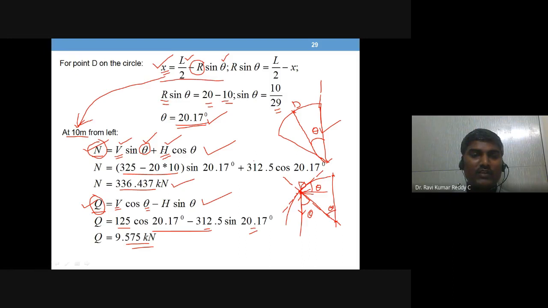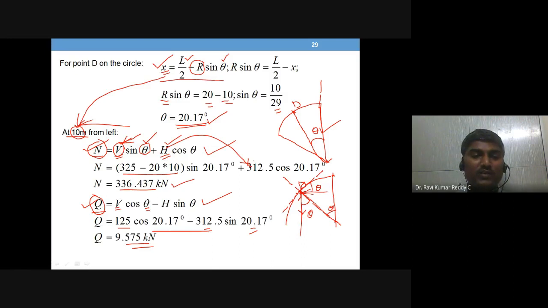So for load quantities, H is already solved, that we will simply substitute as the H value. Now to find the V value, it is not VA or VB. This V means the vertical reaction value at the point where you require N and Q values. This is what is meant by V.